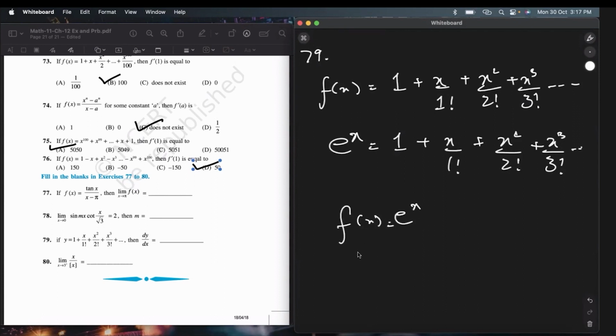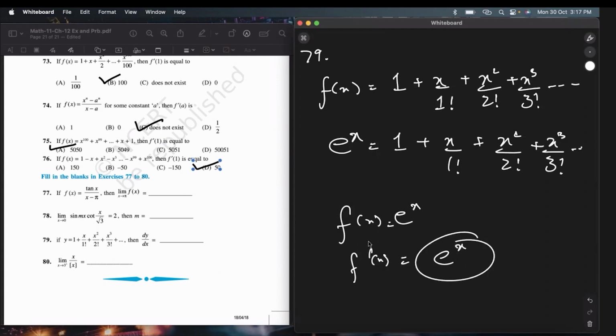Now you have to find f dash x. So you'll just differentiate e to the x, you'll get e to the x again. So that is what you have to write over here. Rather than writing e to the x over here, I'll suggest that you write y over here, because they have not given e to the x in the question, so you can't write e to the x over here.